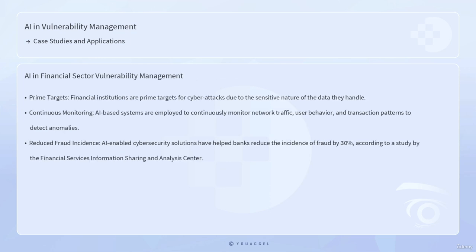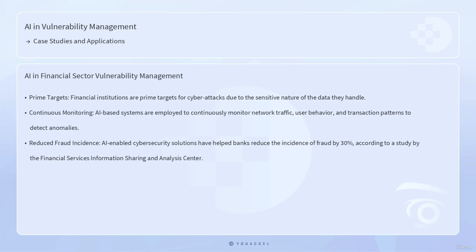Another compelling example is the use of AI in the vulnerability management processes of the financial sector. Financial institutions are prime targets for cyber attacks due to the sensitive nature of the data they handle. AI-based systems are employed to continuously monitor network traffic, user behavior, and transaction patterns to detect anomalies that may indicate a security threat.